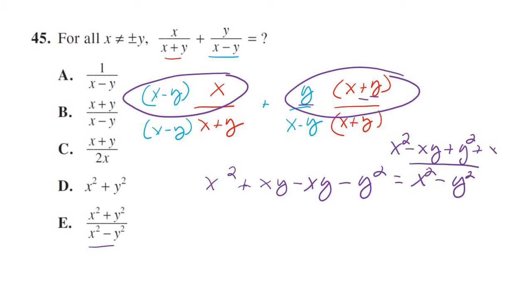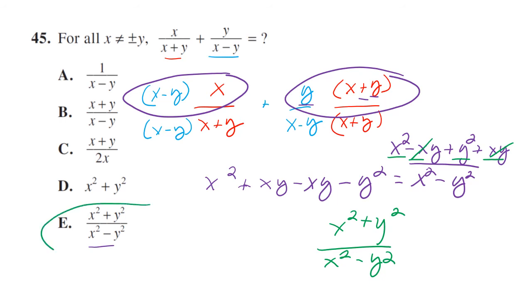I get confused there for a minute. So we have minus xy. We have plus xy. Those cancel. So now we have x squared plus y squared over x squared minus y squared, which is choice E.